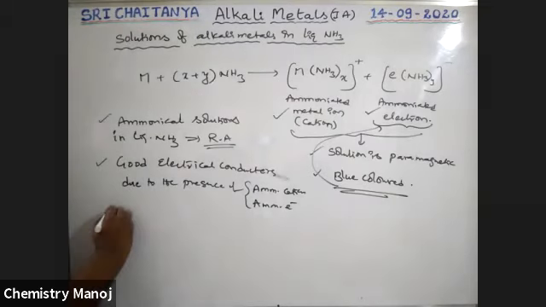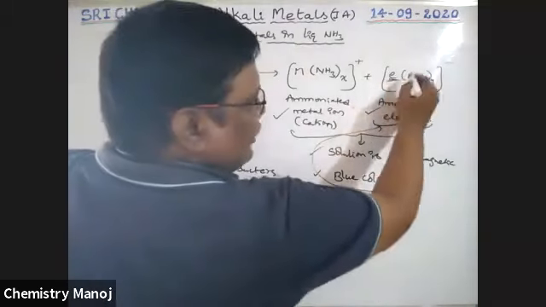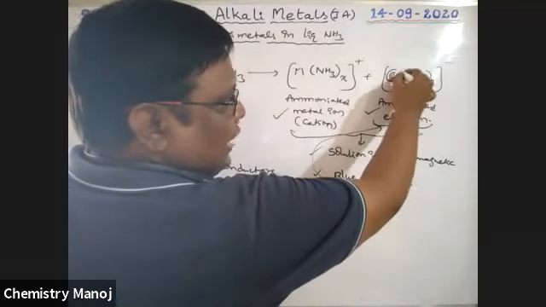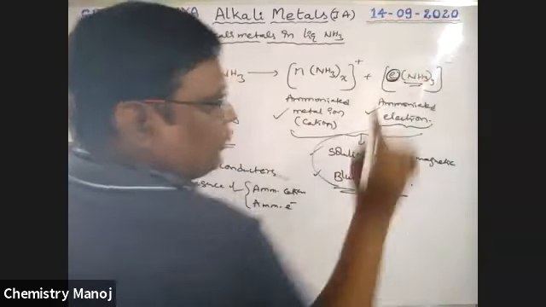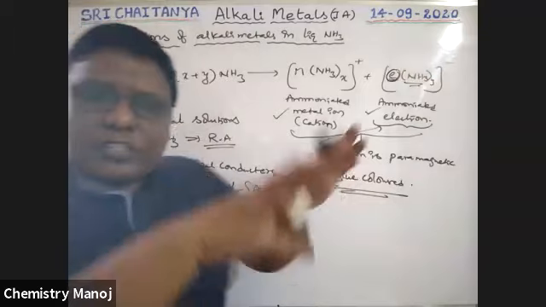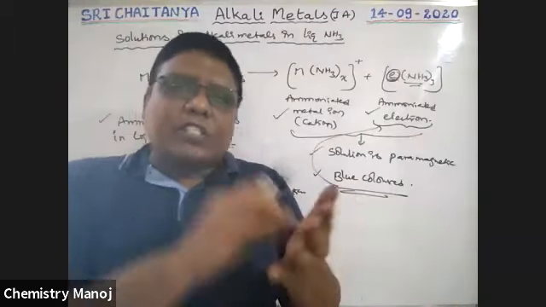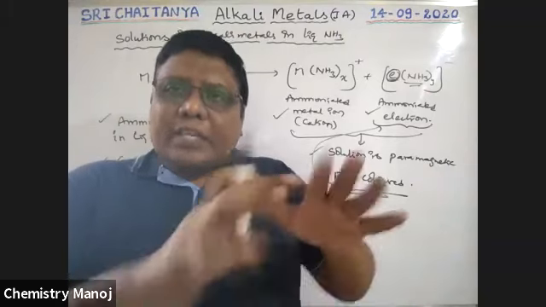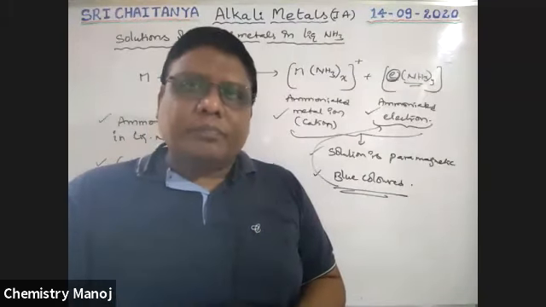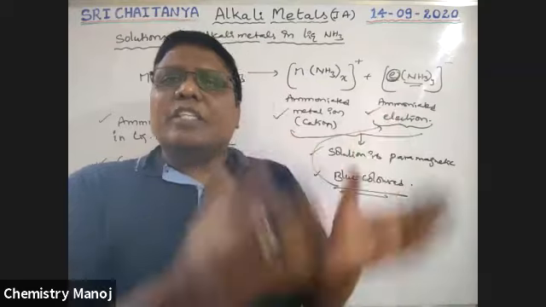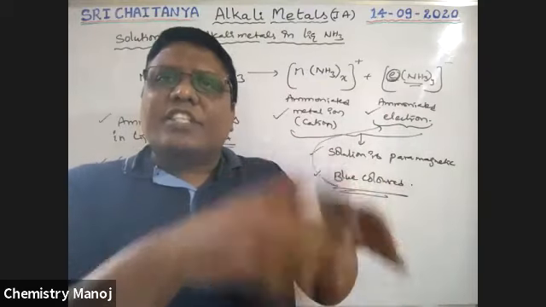See, boys, what happened? Where this electron is present, this unpaired electron in ammonia molecules, even when ammonia molecules are attached, there are a lot of gaps in it. In those gaps, these electrons are fitted. Because of that fitting, there is interstitial space. Because of that, volume is increased. As volume increases, density is decreased.